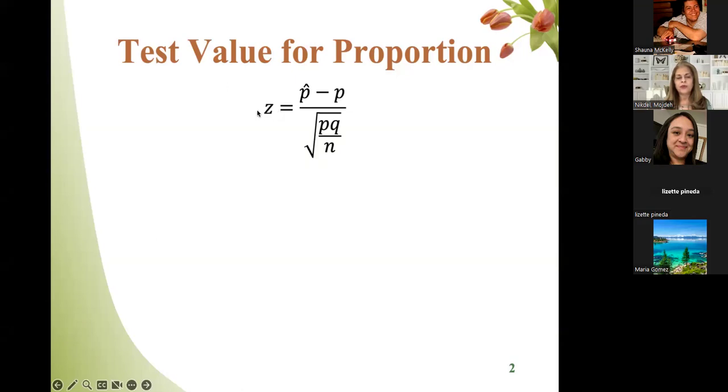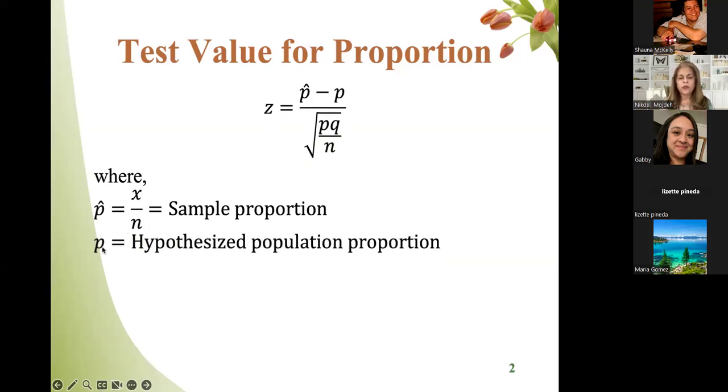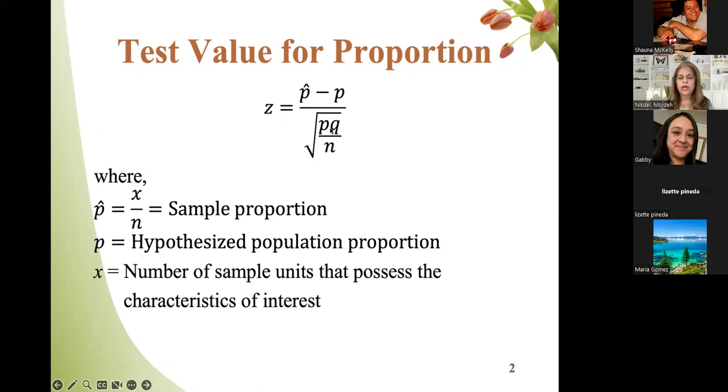So the test value starts with the name of the test, z equal to p hat minus p divided by the square root of p times q over n, where p hat is the sample proportion x over n, p is the hypothesized population proportion, and q is the complement of p.